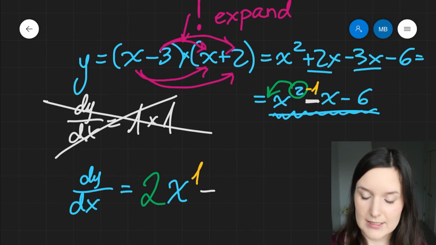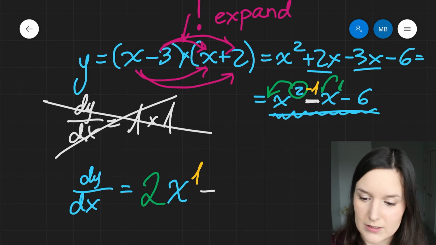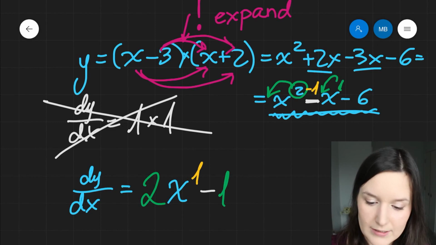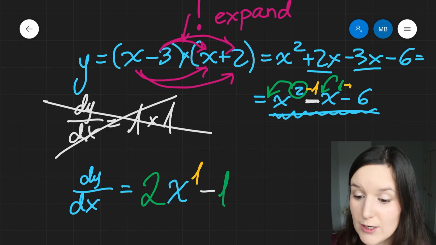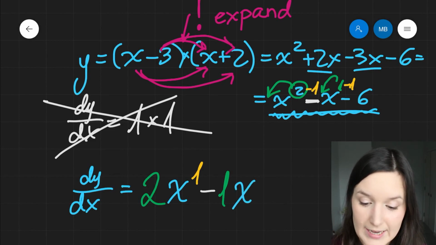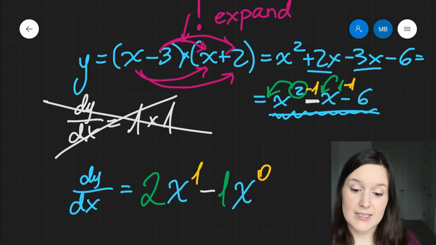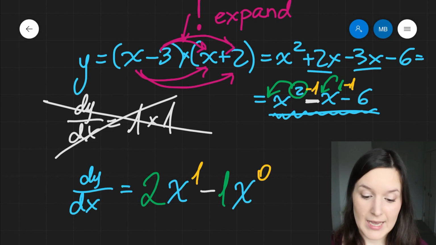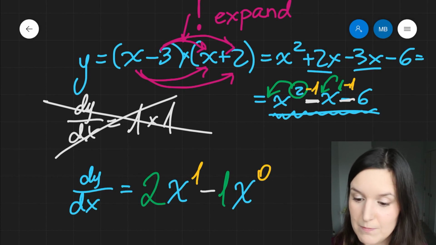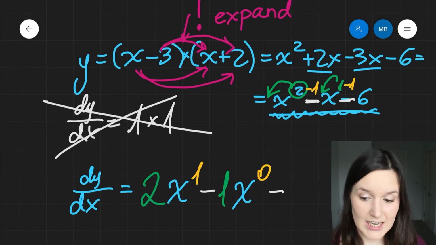And now x is to the power of 1, so it goes to the front, it's 1. And we subtract 1 from the power. 1 minus 1 is 0. Well, okay, I can write it for you. It's x to the power of 0, which will basically mean that it will disappear. And again, minus stays as a minus, and we have to find the derivative of 6.